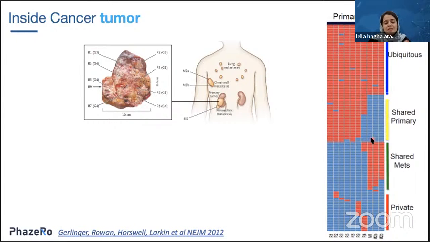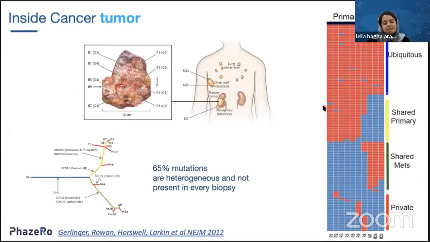If the drug is sensitive to this mutation, it will only be able to kill this kind of cell, not all of the cells in the cancer tumor. But if scientists design a drug that can attack the majority of the cells, then the tumor cells and the metastasis area can all be killed by this drug.